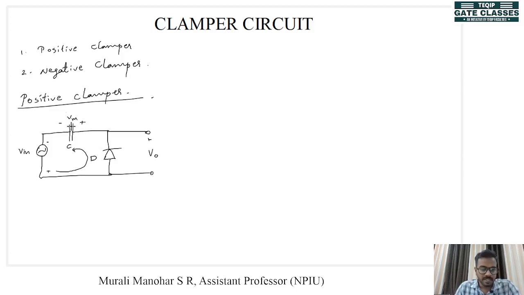When the capacitor voltage reaches Vm, the cathode of this diode is now connected to plus Vm, and the anode voltage is now going to be below Vm. That means the diode can never be turned on again unless the capacitor discharges. Okay, there is a condition. Now if the capacitor doesn't discharge, if we don't use any load here, if we are simply saying that it is open circuited, now the diode is never going to be turned on, right?